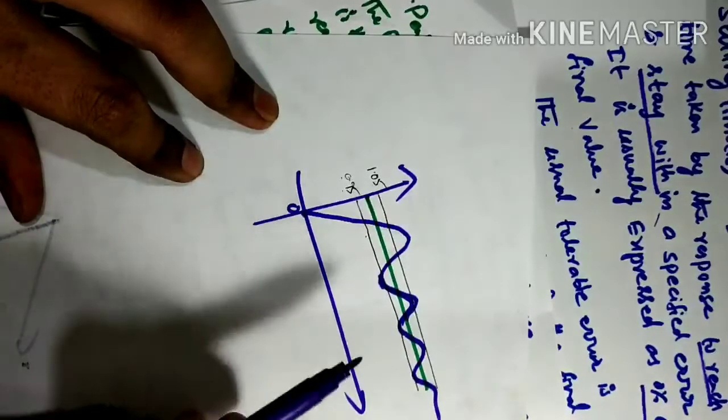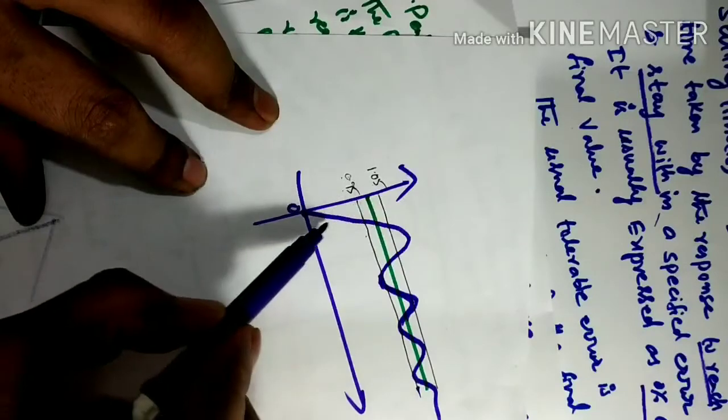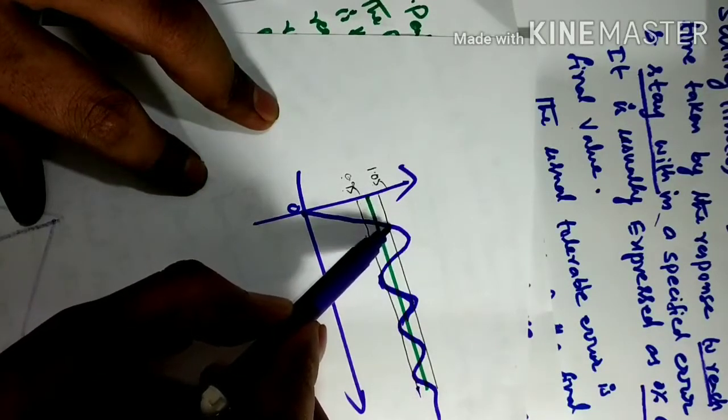Observe from here: it goes away from this point, this peak overshoot.